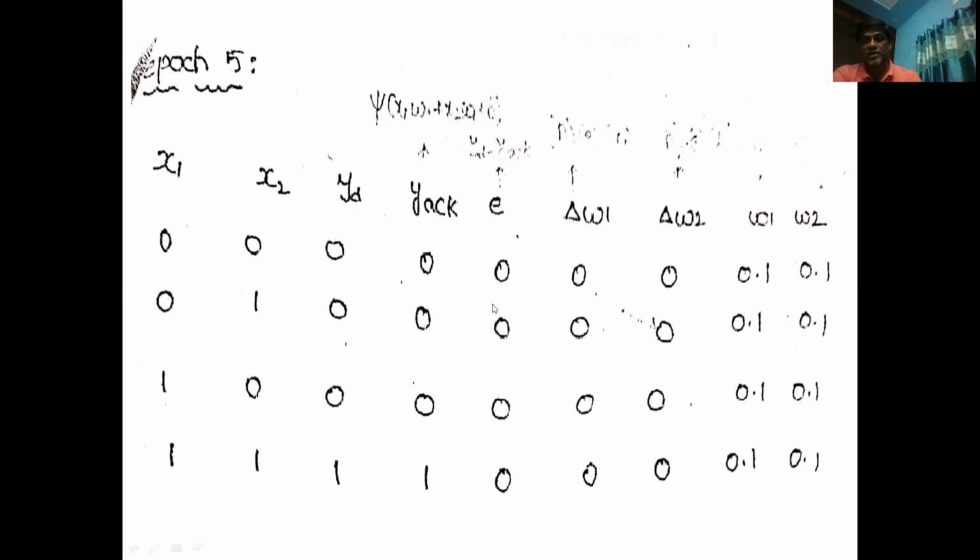Since there is no error signal identified in this epoch, we can stop the process and the final weights of the neural network are identified. W1 is 0.1, W2 is 0.1, and the bias value is not updated at all through these epochs, which is fixed as minus 0.1.